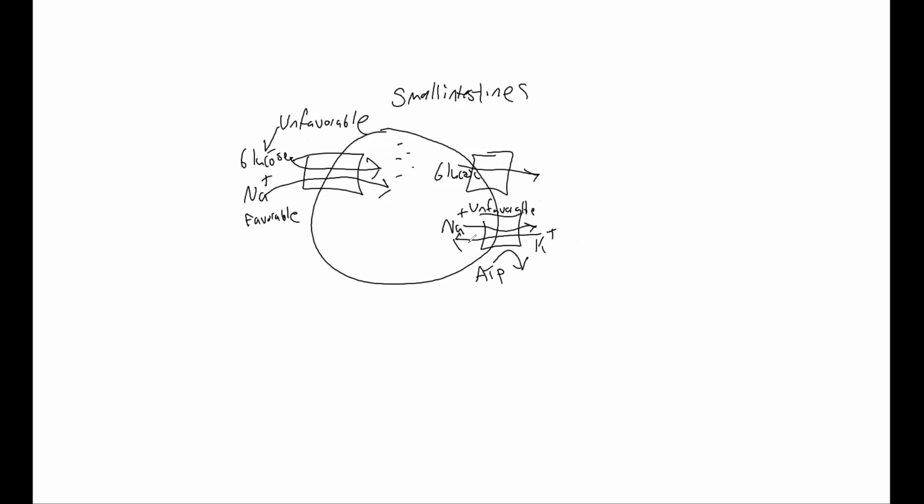So here we are using ATP in a second process. But secondary active transport itself is just using an electrochemical gradient. And we do actually use ATP in a separate but related process here. So that's secondary active transport.